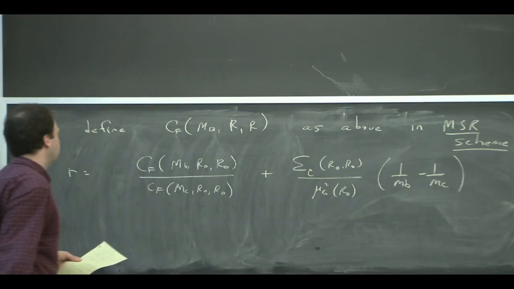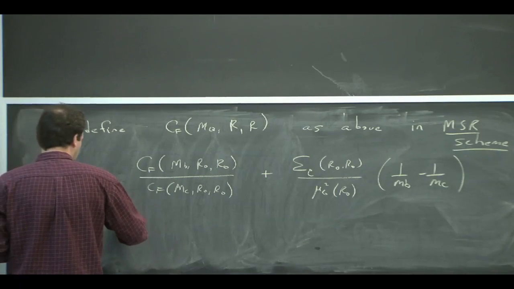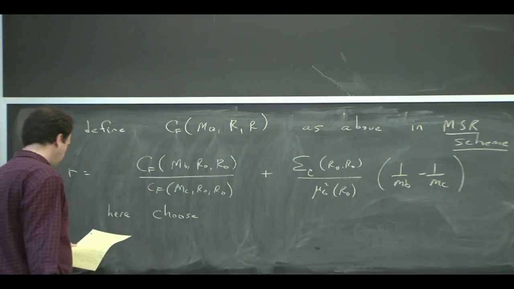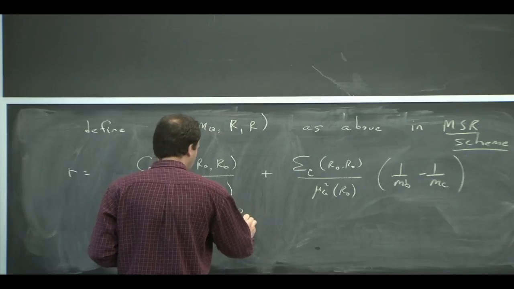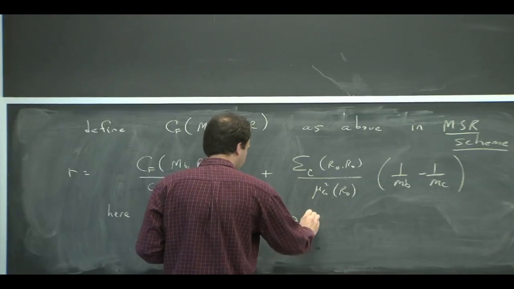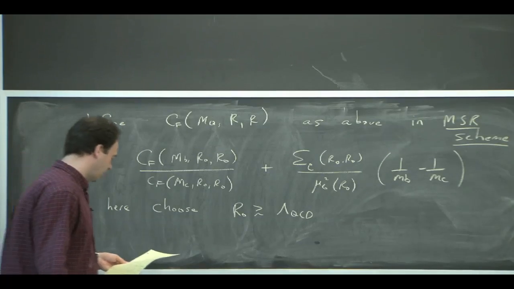So that's just rewriting the OPE in this new scheme. When we look at this scheme and we think about what's going on, we want to choose the R0 to be of order lambda QCD, or a bit bigger. And the reason we want to do that is to preserve power counting.